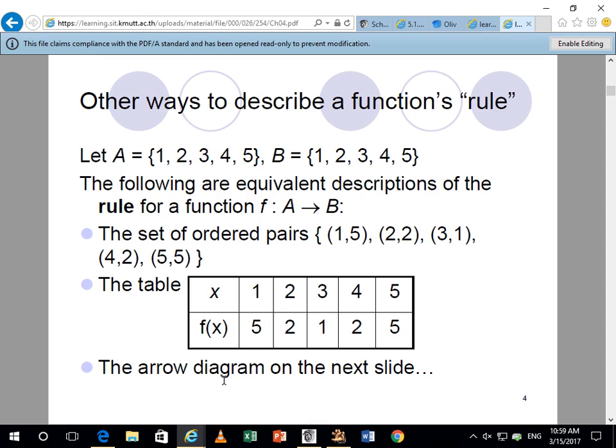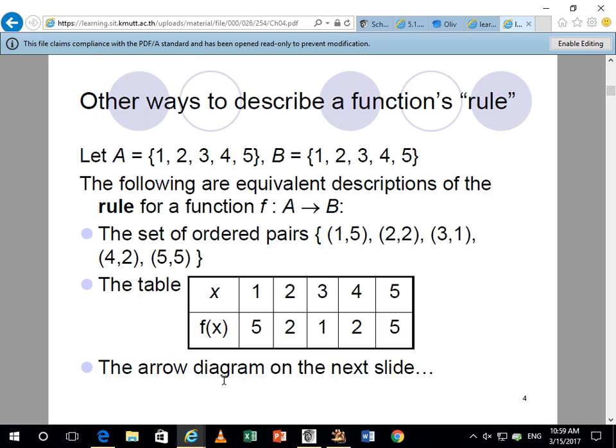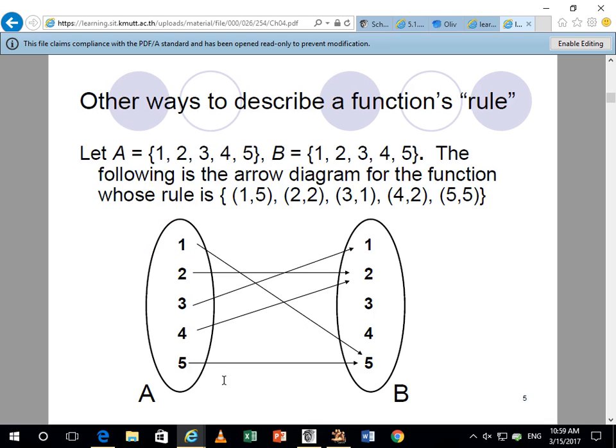So I'm describing the rule in terms of a table or in terms of a set of ordered pairs. These are other ways to describe the rule. In the previous example, we gave an algebraic equation. But that's not the only way to describe a rule. We can describe it as ordered pairs, in the form of a table, or in the form of a diagram.